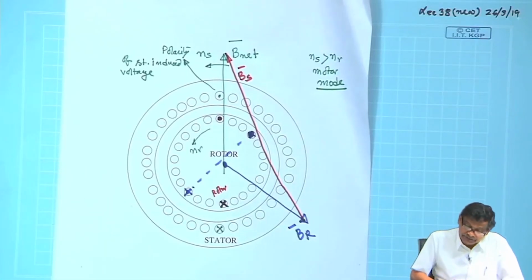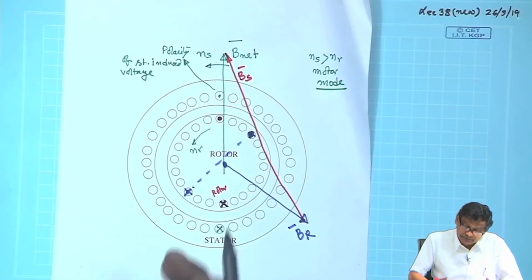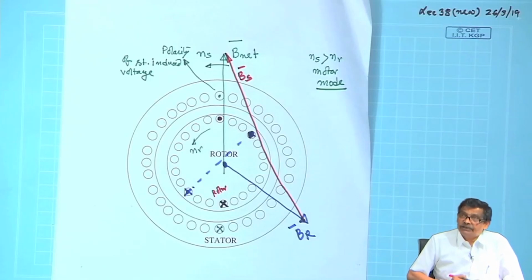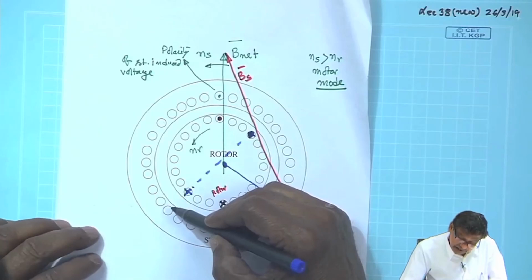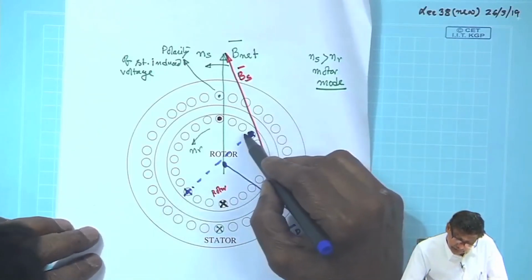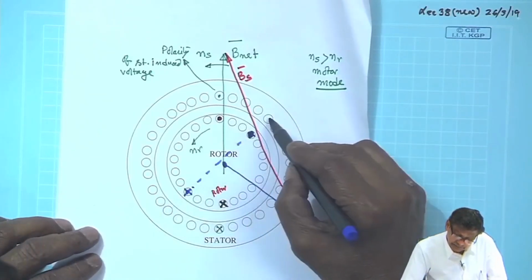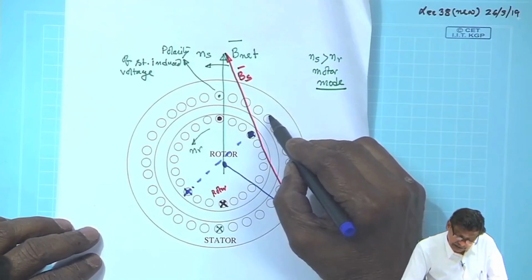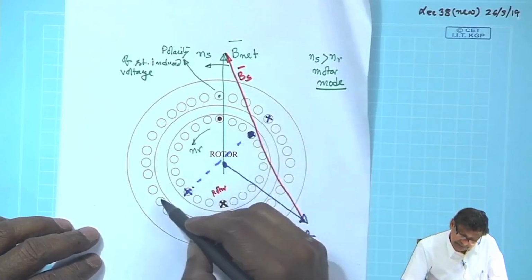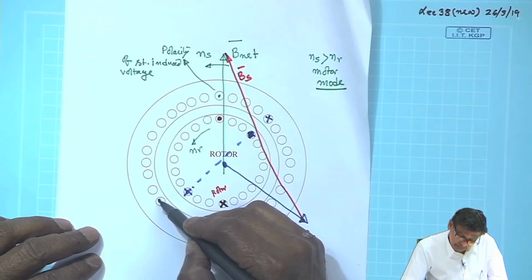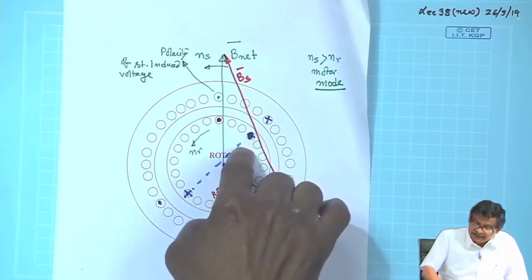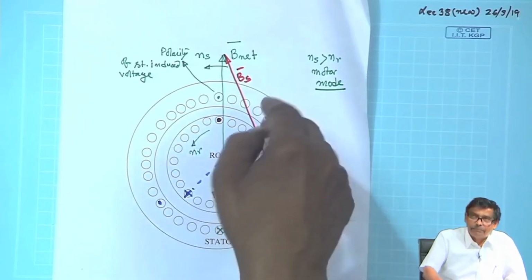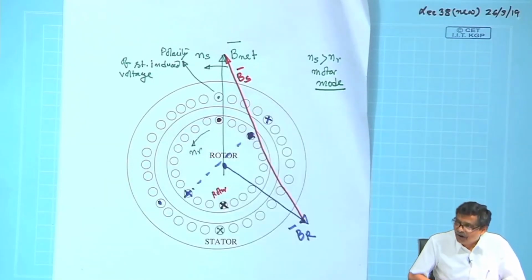And at that instant, which conductors of the stator are carrying maximum current will be decided by drawing a perpendicular line here. Depending upon the direction, the stator current will be maximum somewhere here, and it is very much consistent, because there is I 2, there will be I 2 dashed appearing on the stator in the opposite direction.